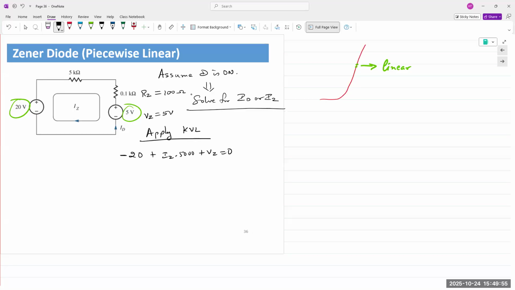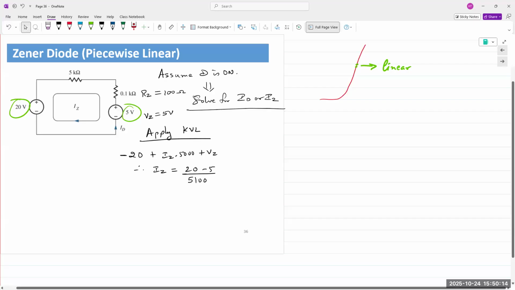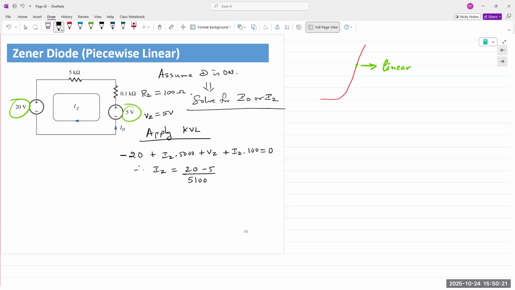VZ, of course, is 5 volts. So it's 15. And I can say IZ is 20 minus 5 divided by 5,100. Oh, yeah, plus IZ times 100.